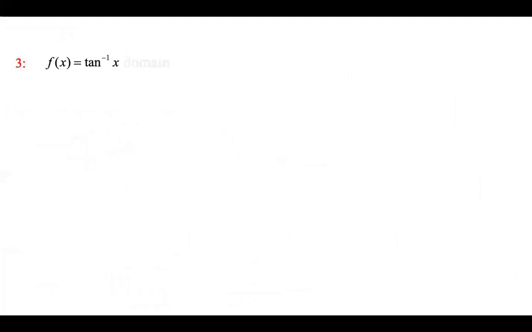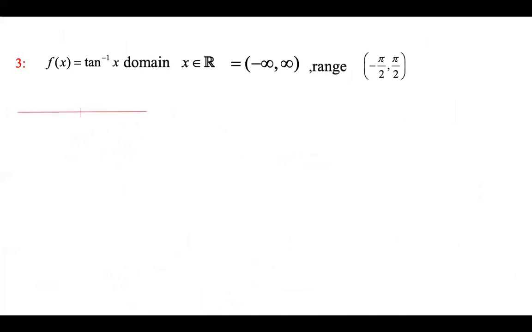Similarly, when you take the tan inverse x function, its domain is the full real line, and the range is the open interval -π/2 to π/2, right? So in this interval, when we take its domain like this and range like this, here also we need to observe how it changes.